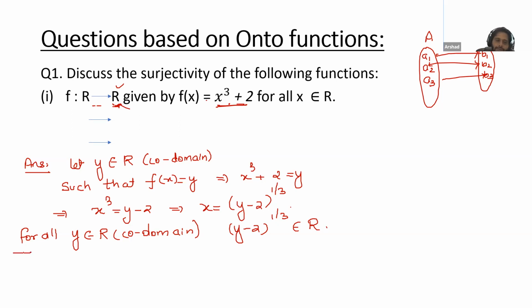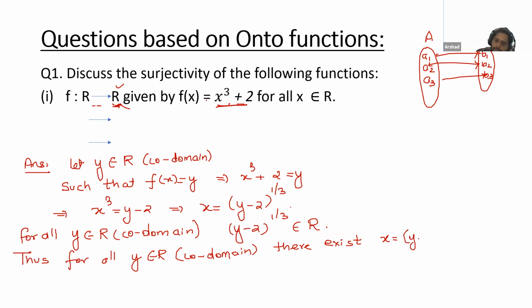So we will write this statement thus: for all y belongs to R, that is codomain, there exists x, this is actually x. There exists x is equal to (y minus 2) to the power 1 by 3, which belongs to R, which is domain.